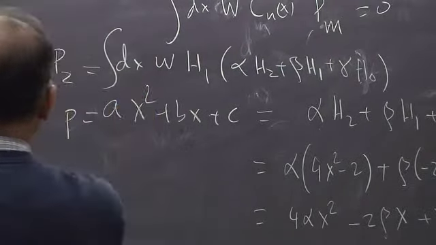K1 is nothing else but d by dx of C1, right? So I can write this coefficient as K1, d by dx C1, times x. K1 is just the normalization constant. Here I just put the normalizations here.